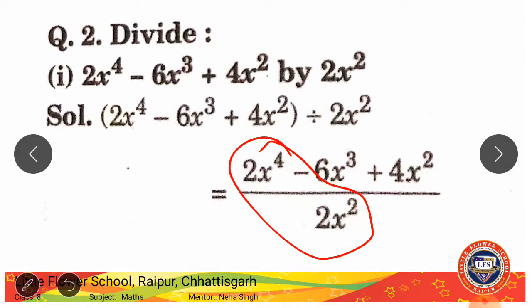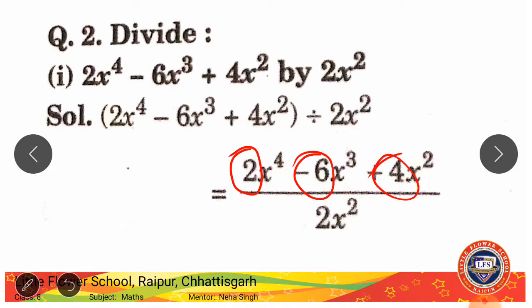One more method you can do is you can take common. How can you take common? See, which is the smallest number? First you will see of the numbers 2, 6 and 4, what is the smallest number which I can take common? From all three numbers, 2 is common, right?